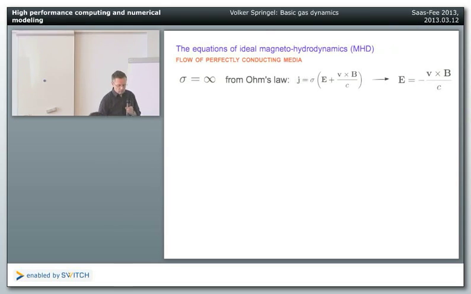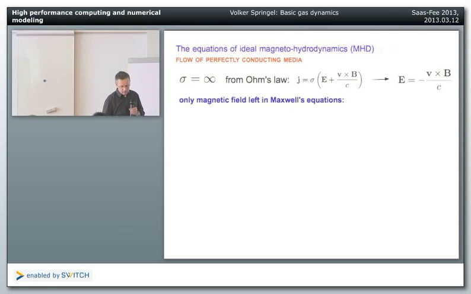Well, one thing it means, if you look at Ohm's law, that gives you the current density in response to the electric field and a magnetic field, and if the conductivity goes to infinity, the current density should go to 0 in this case of free charges, and so the electric field is basically then given by the B field in this form from this equation.